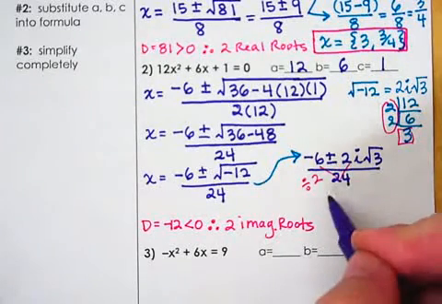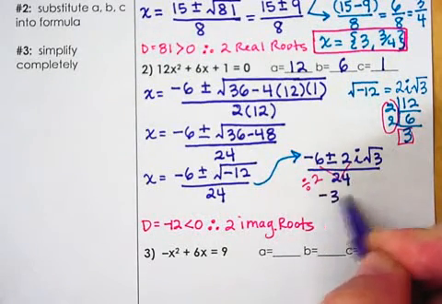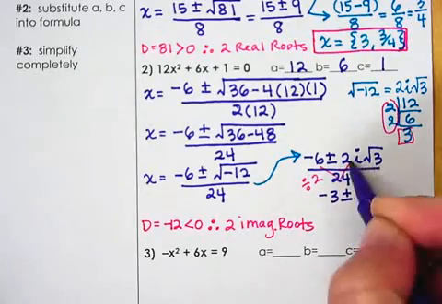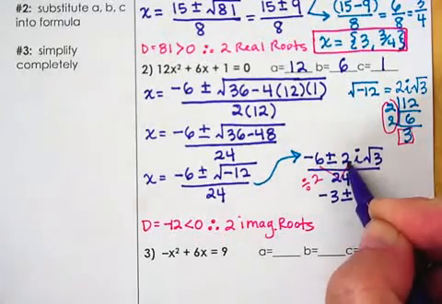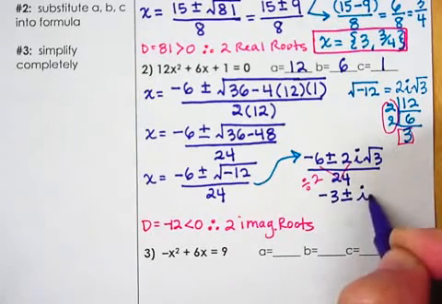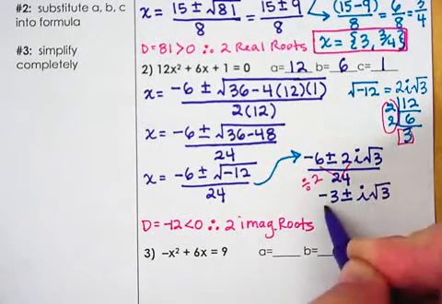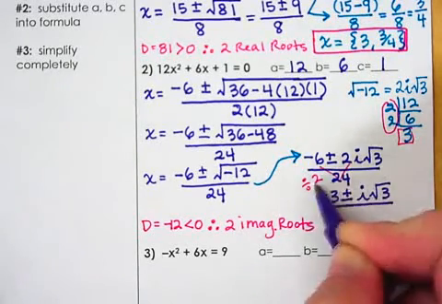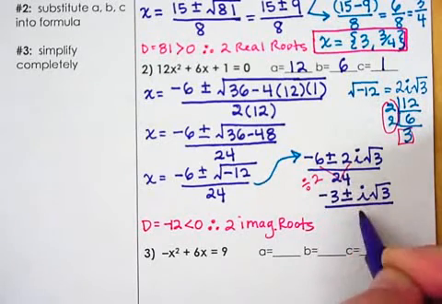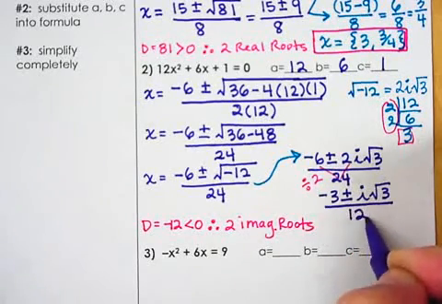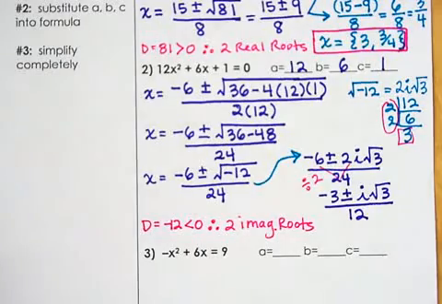So the negative 6 becomes negative 3 plus or minus. The 2 divided by 2 is 1, so that's just i radical 3. And then all over, 24 divided by 2 is 12. And that's the answer. That's where we want you to stop for this problem.